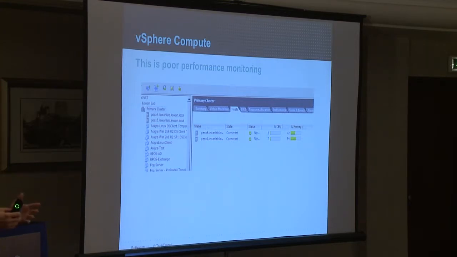But I still see a lot of people using the host tab of their vSphere client as the measure of when their ESX or vSphere hypervisor is taxed. And I think that if that number is 100% memory or 80% memory or 90% CPU, that's probably a good indication you're out of resources and it's time to plan an upgrade.